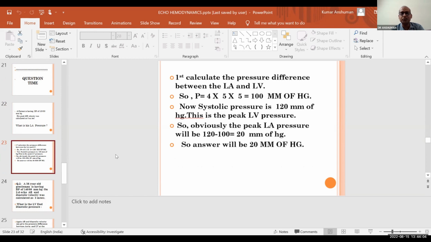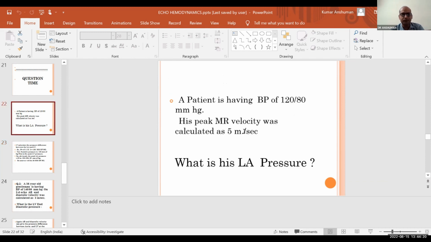You just take the pressure difference by the Bernoulli equation. You go for 4V square. The pressure difference is 100 millimeter of Hg, because 5 meter per second was the MR velocity. 4V square, you remember, is 4 into V2 minus V1 square.